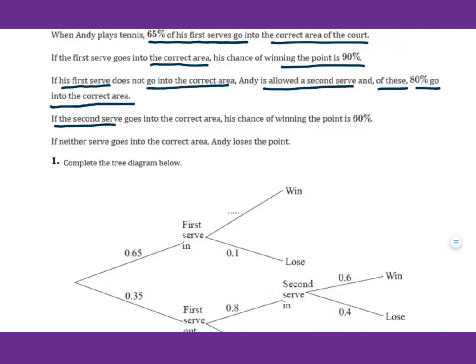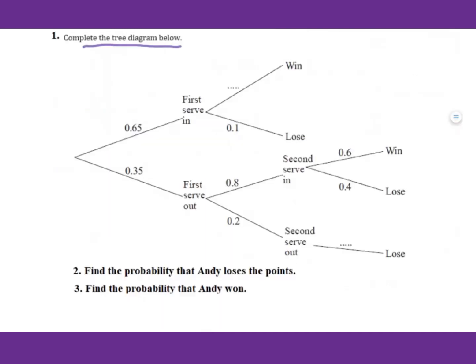If the second serve goes into the correct area, his chance of winning the point is 60%. If neither serve goes into the correct area, Andy loses the point. Number 1, complete the tree diagram below.